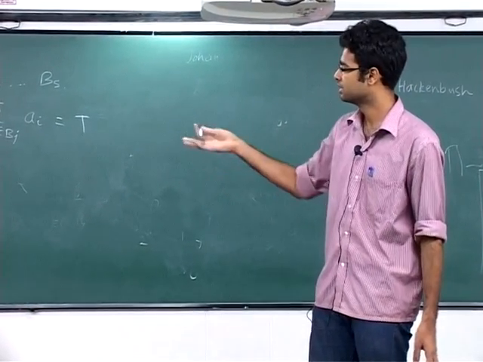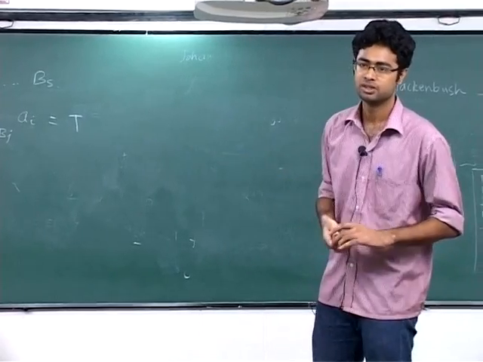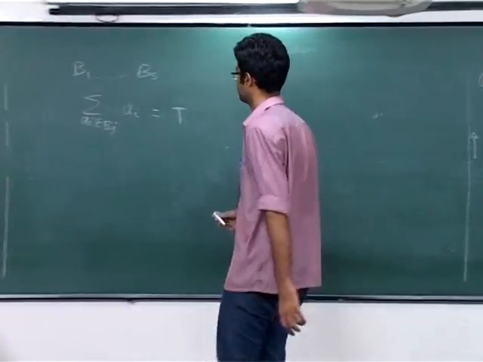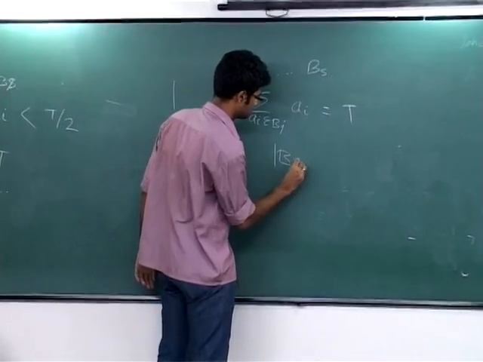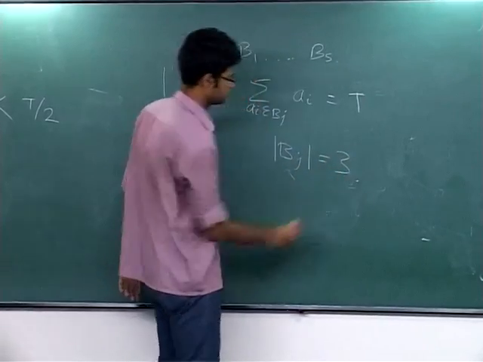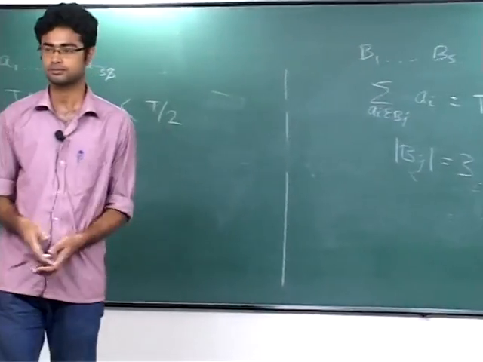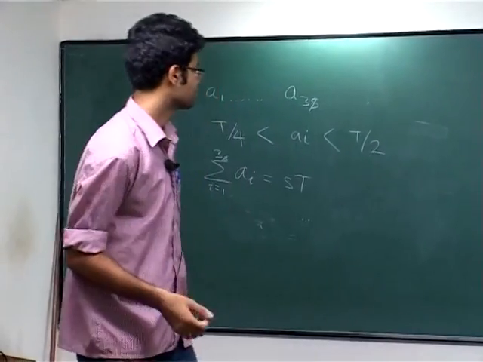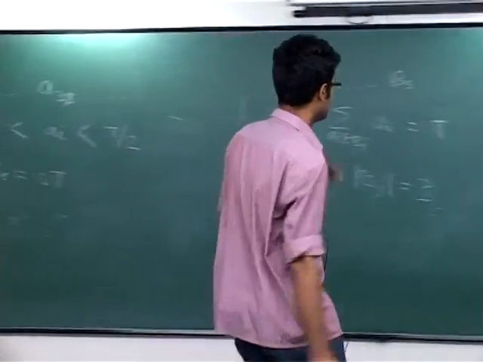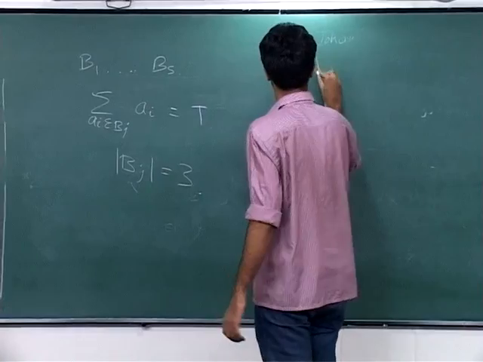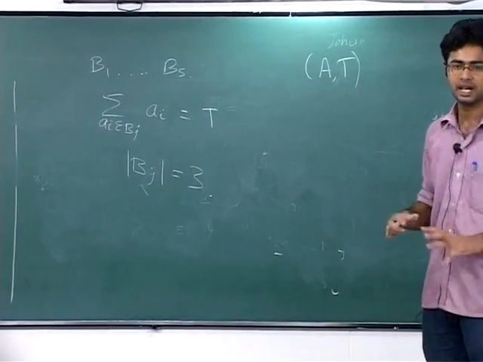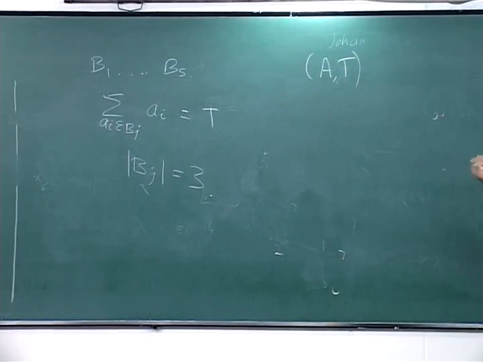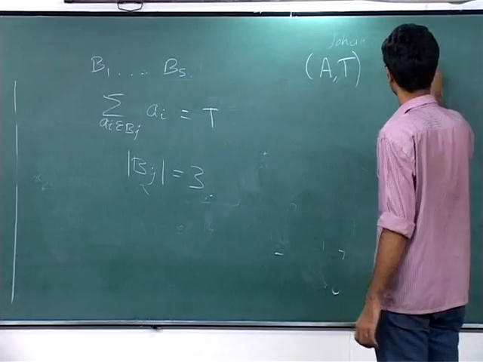But if I take 4 elements, then the sum would be greater than T. So it has to have exactly 3 elements. So this is the problem. And I'm going to call (A, T) a yes instance if it can be partitioned into such subsets.